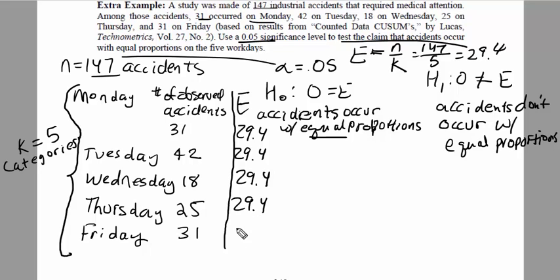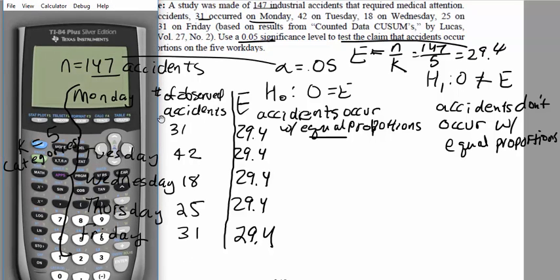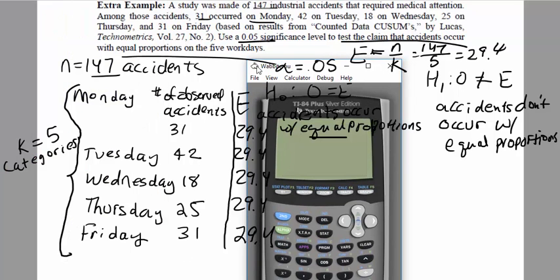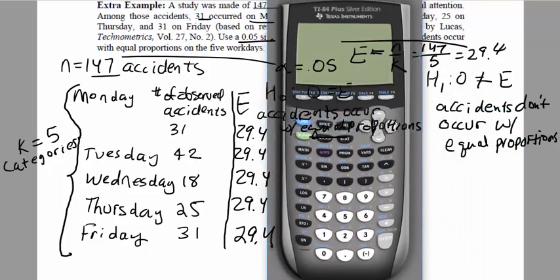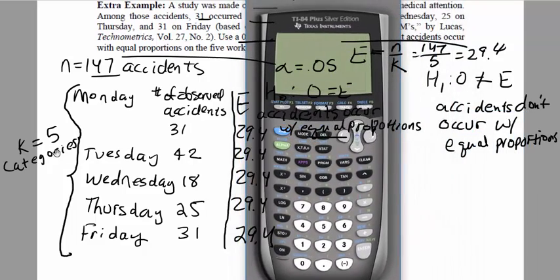So then I need to put that information in L1 and in L2. So what I'm going to do is bring up the calculator again so that you can see that the information is being put into L1 and L2.